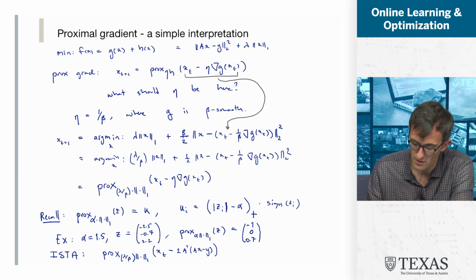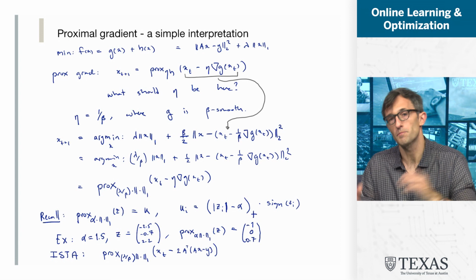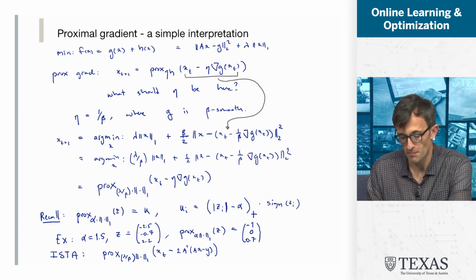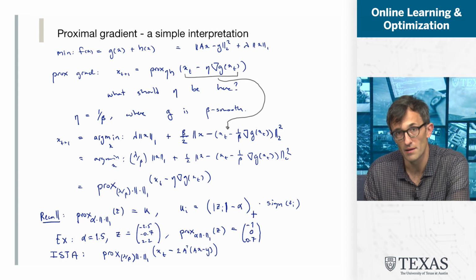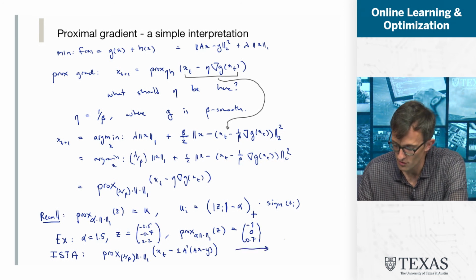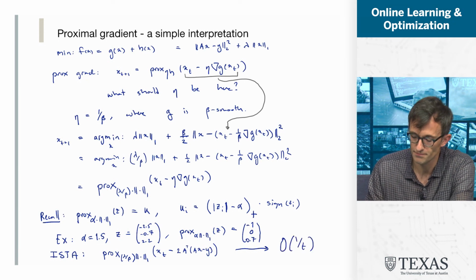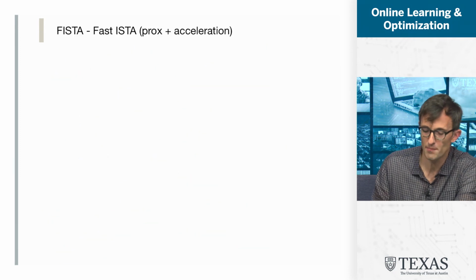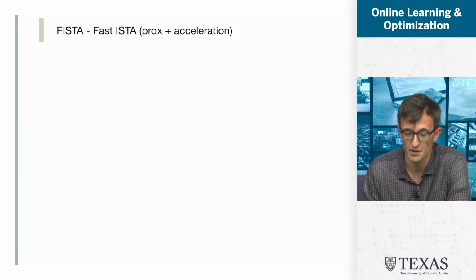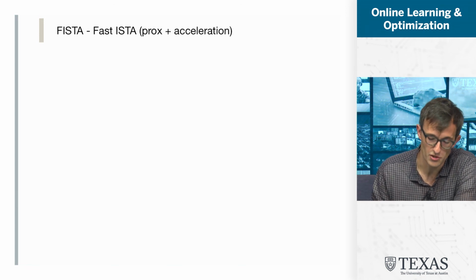So in other words, you compute x_t minus twice A transpose (Ax minus y), and then you just shrink it to 0, just like this operation, by this factor of lambda over beta. And this gets us our order 1 over t convergence. Okay, let's finish up by moving to something even faster, the fast iterative shrinkage and thresholding algorithm.